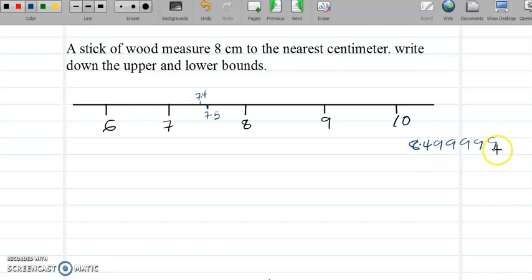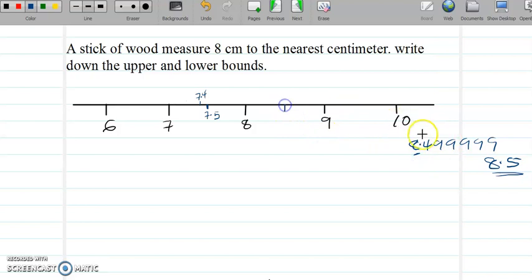So since we have this to be rounded up to 8, we can simply have this to be what? 8.5. If we round it up to this, we can have it to be 8.5, which means that 8.5 is not inclusive to round up to 8, because if we round 8.5, it gives us 9, is it not so? But when we consider 8.499999, if we round it, we have this to be 8.